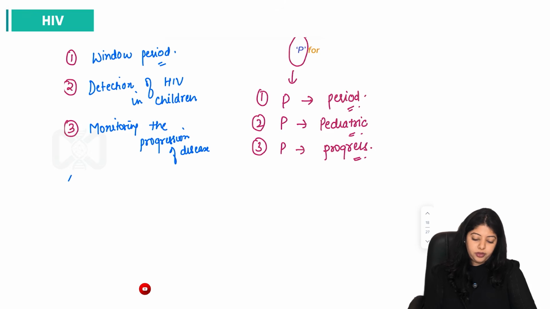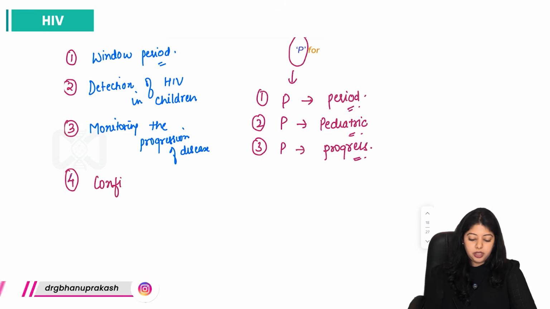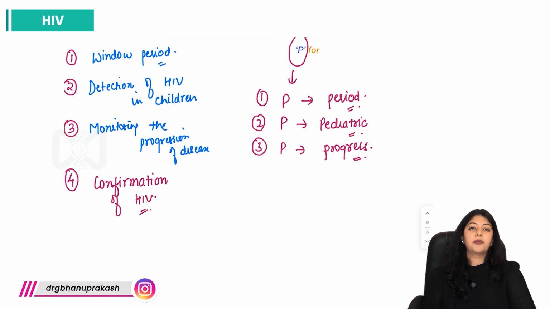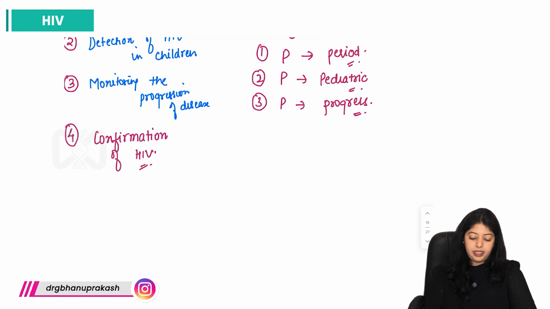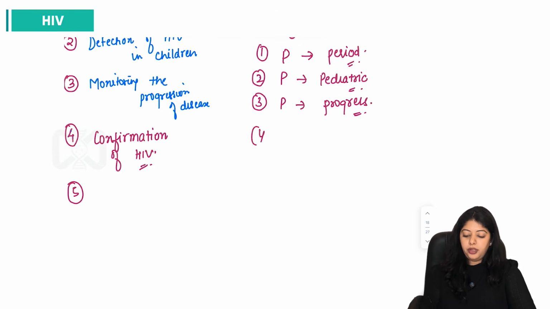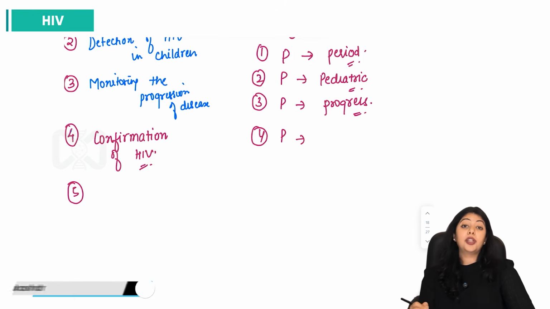Then fourth important thing about P24 antigen is that it is used for confirmation of HIV. Confirmation of HIV, right? And the fifth thing, it is useful in progressive stages of HIV.